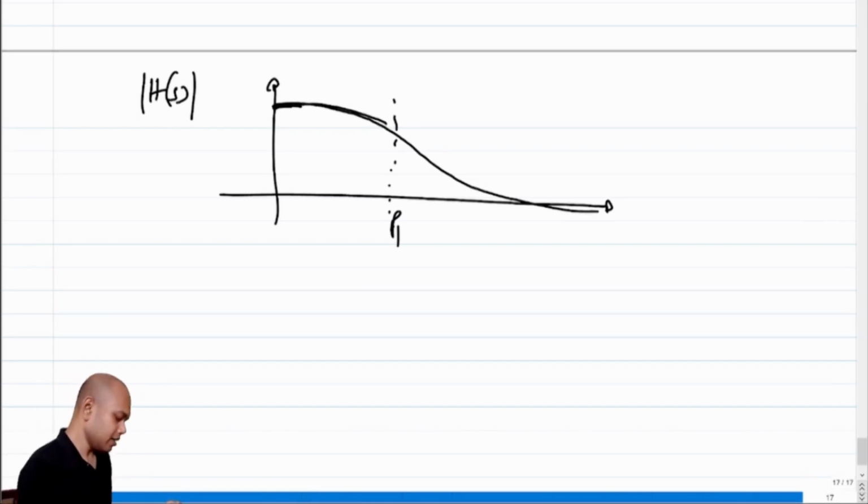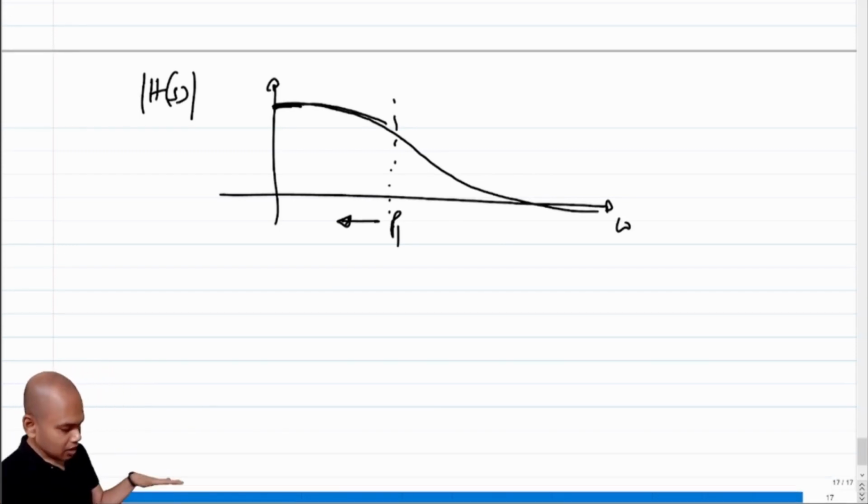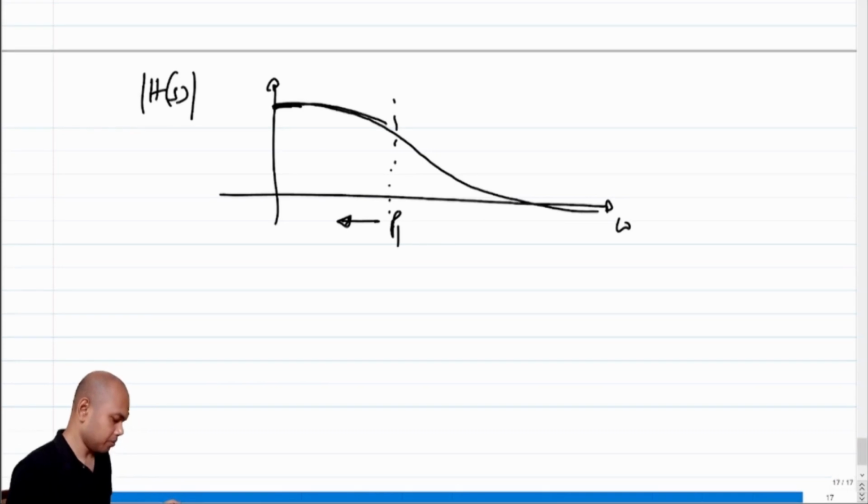As long as we are operating with omega less than p1, we'll consider this to be a straight line of value H of 0.